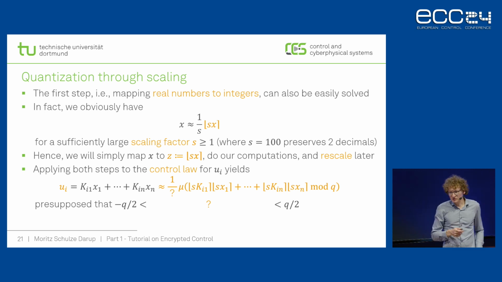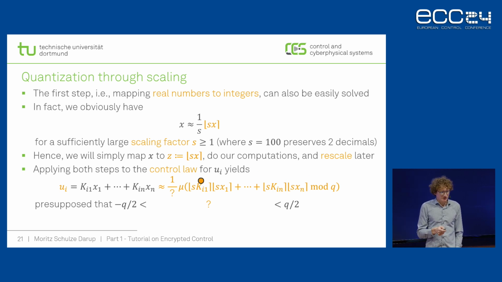So going back to our linear state feedback, we simply need this integer-based reformulation here, and using the scaling and rounding operation, we end up with these integers. We use the modulo operation on all the operations here, but it's sufficient to have it like at the end.